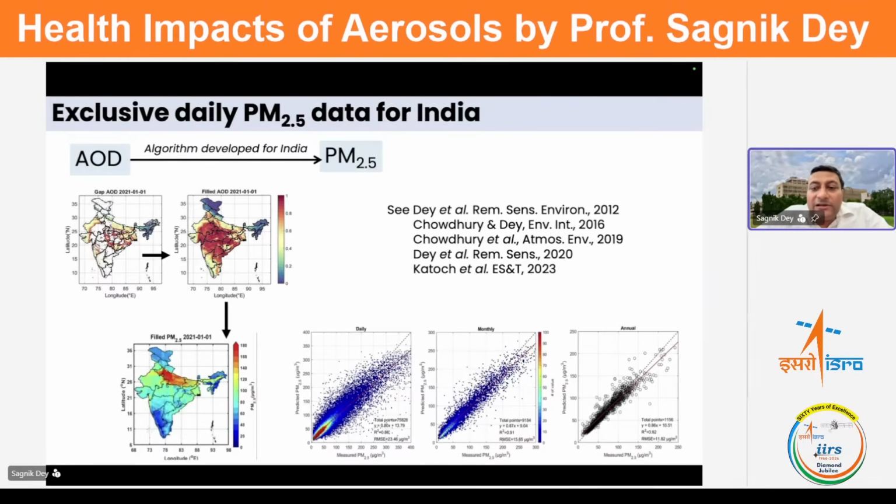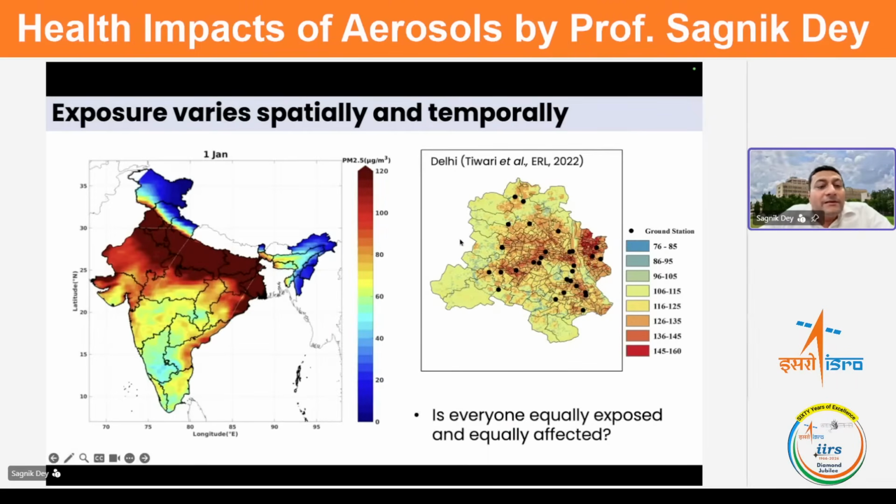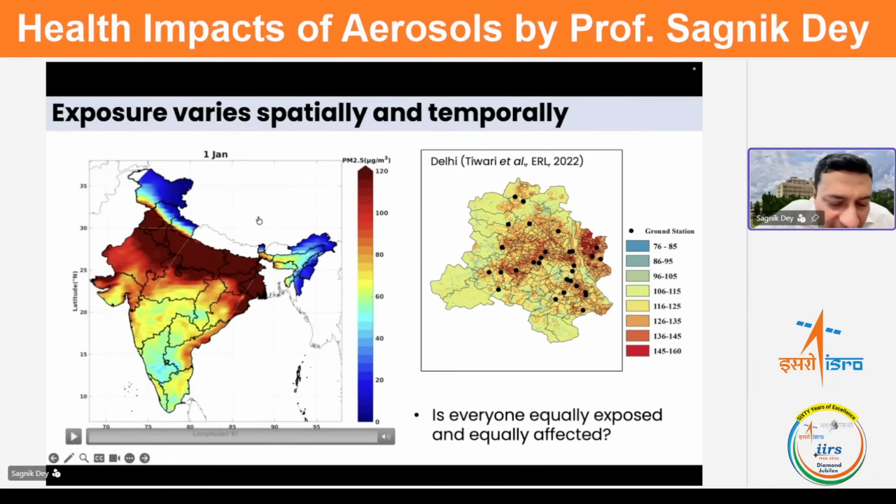But before talking about health studies, I'm showing you that typically you have a large spatial and temporal gradient in PM 2.5. Since we have developed the data for the last 25 years, we looked into what happens climatologically when you move from 1st January to 31st December.